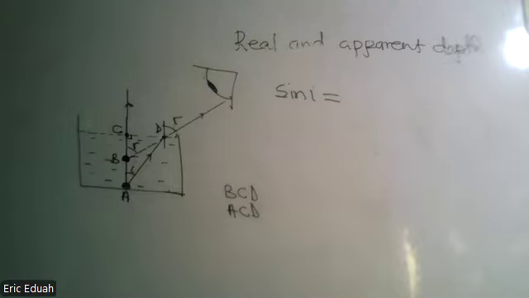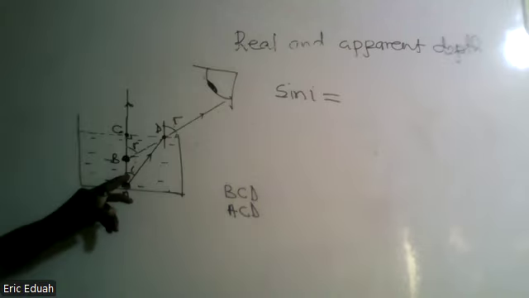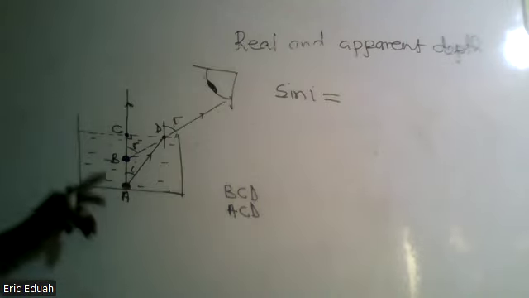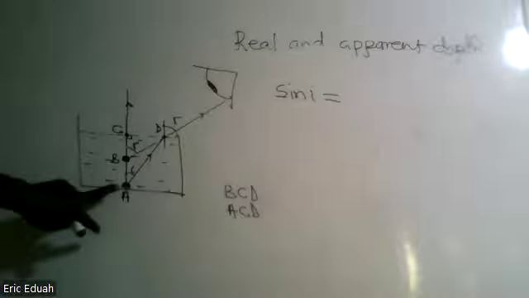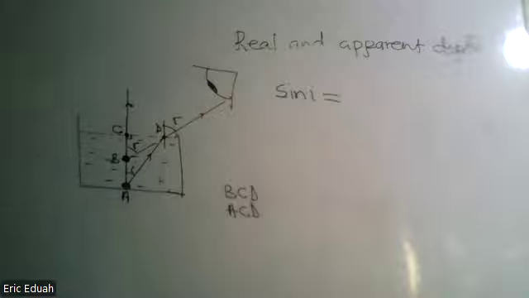Everyone is contributing. Help me derive sine of I using triangle ACD, the bigger triangle. Elizabeth. AC over A. Sine I, don't forget sine is opposite over hypotenuse. So look at it again, triangle ACD.